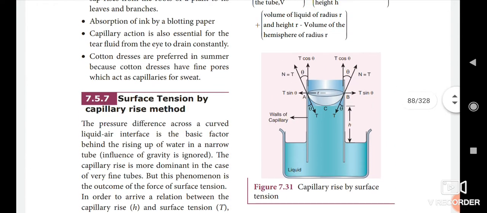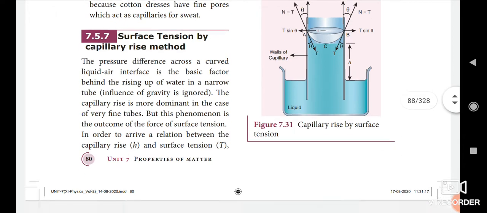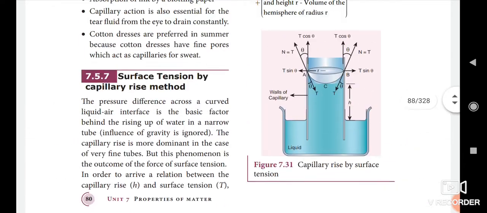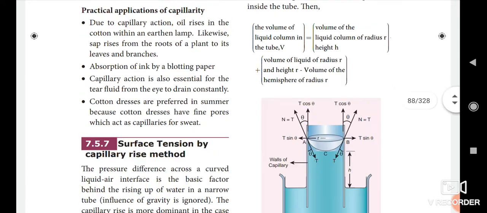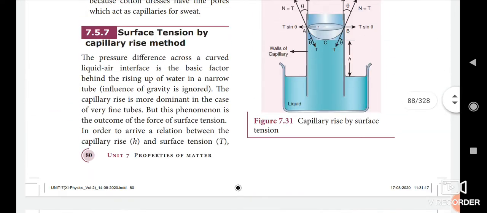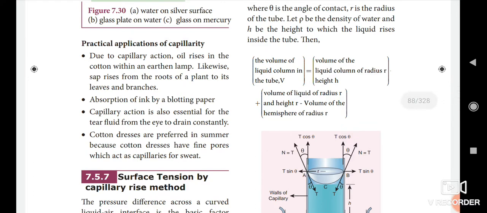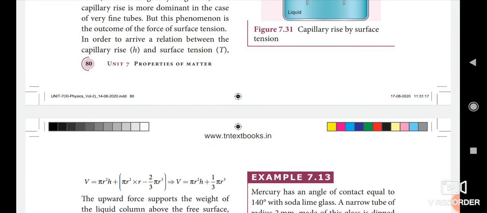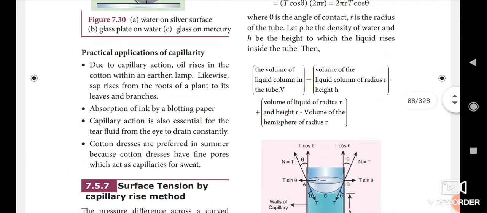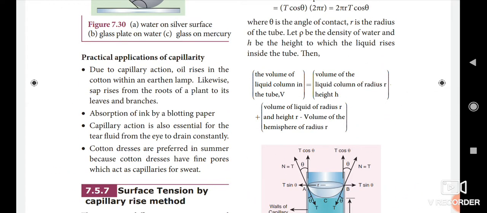Have you all understood? First we have to find the volume of the liquid column, denoted as capital V, which is equal to the volume of the cylinder. The volume of a cylinder formula is pi r squared h, with radius r and height h. So V is equal to pi r squared h, plus also the volume of liquid of radius r and height r.